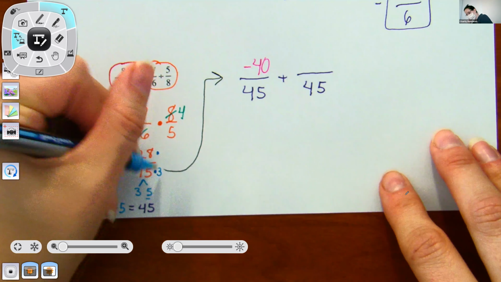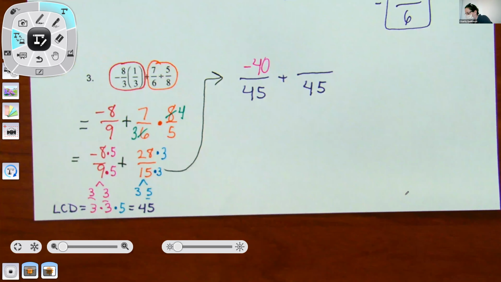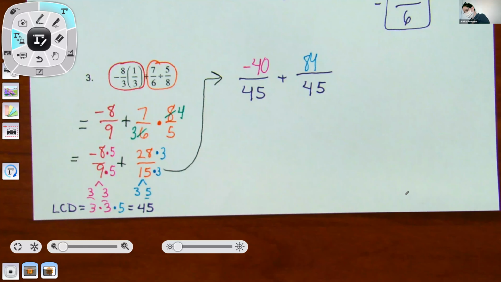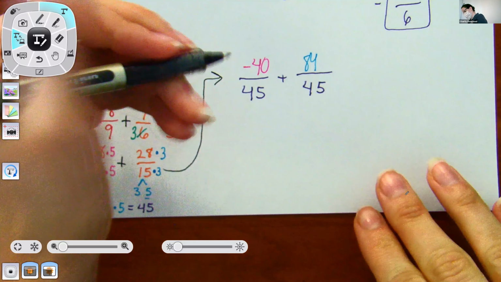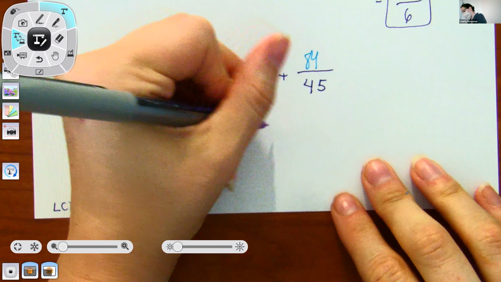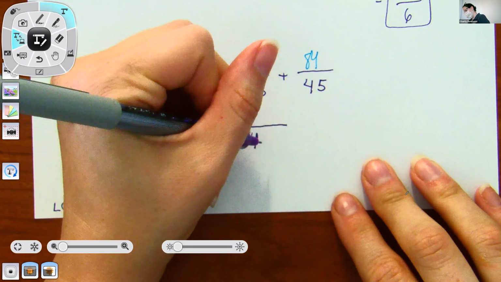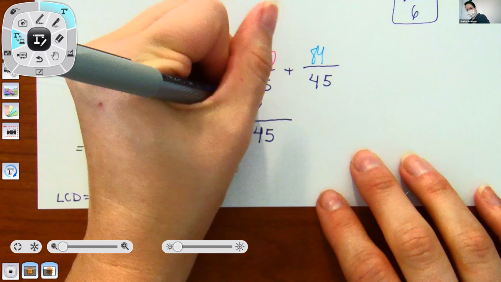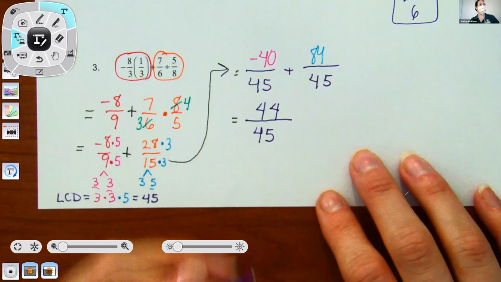And then 28 times 3 is going to be 84. Okay. So then -40 plus 84, that's the same thing as saying 84 minus 40. So that's going to be 44. So my final answer is 44 over 45.